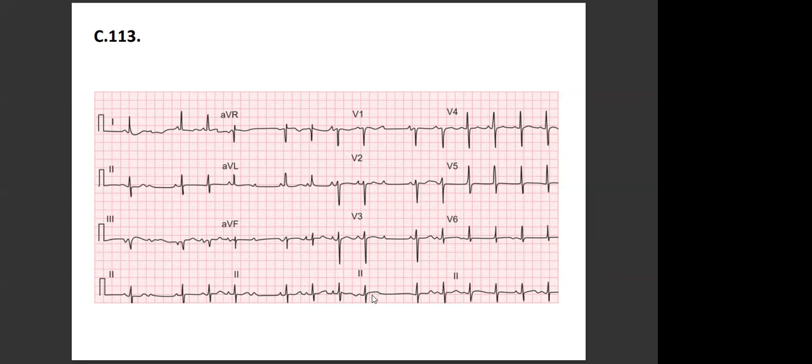And the PR interval and RR interval are constant. Okay. So I would say it is second degree AV block of Mobitz type 2. Correct. Correct. Very good. Correct.